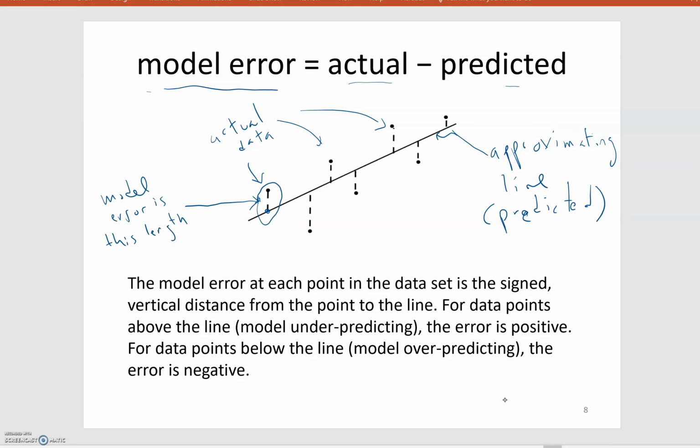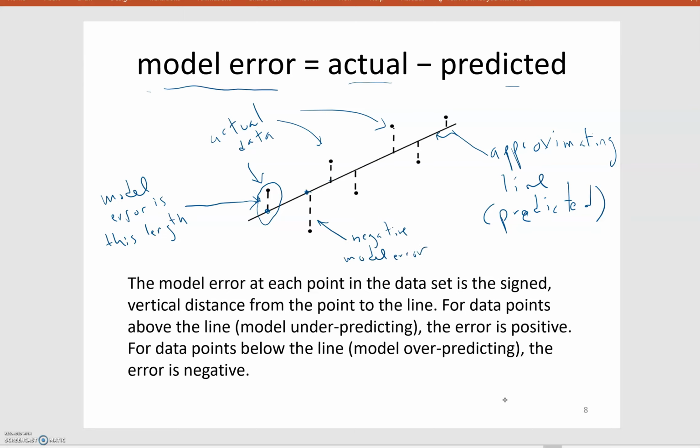Now we also have a model error here between this point and this point, and here, and here, and here, and here, and here. This model error that I've got drawn here would actually be a negative model error.